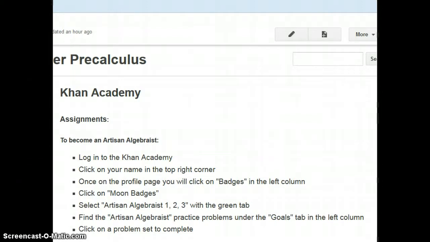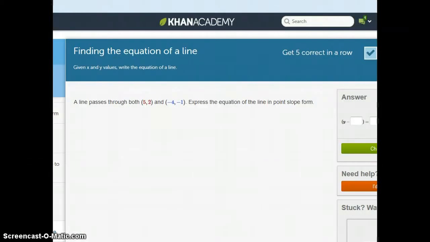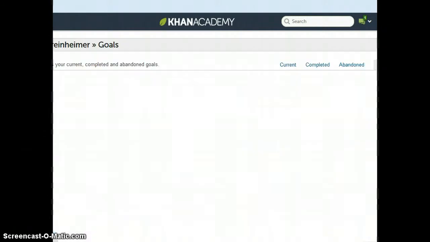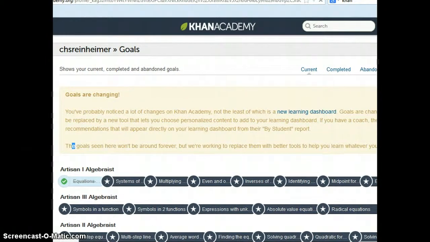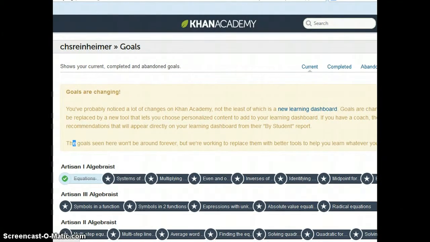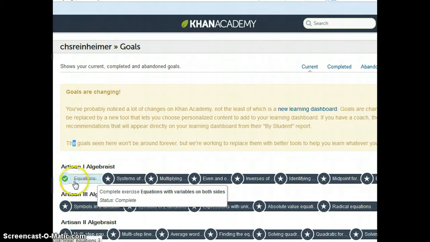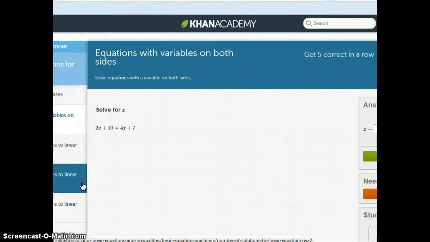To give you an idea of what you're going to be looking at, here is my profile page. This morning I decided to try the equations here, and I did it in like 3 minutes.